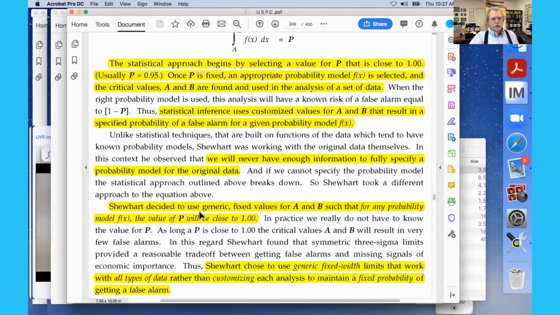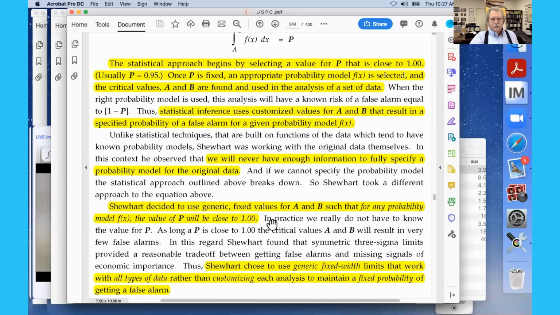He decided to use generic fixed values for A and B, such that for any probability model f of x, the value of P will be close to 1. In practice, we don't really need to know what the value of P is.